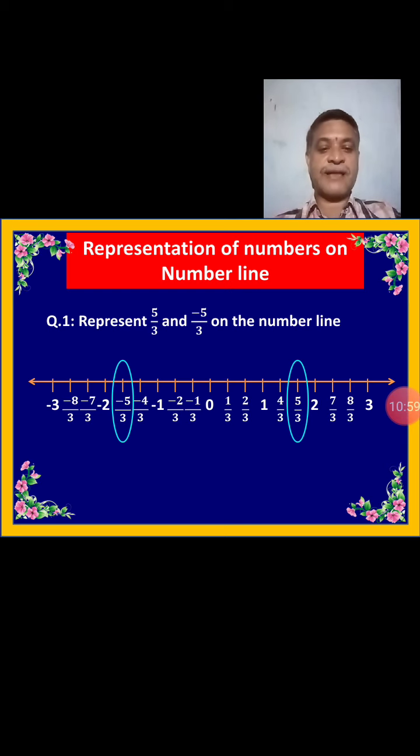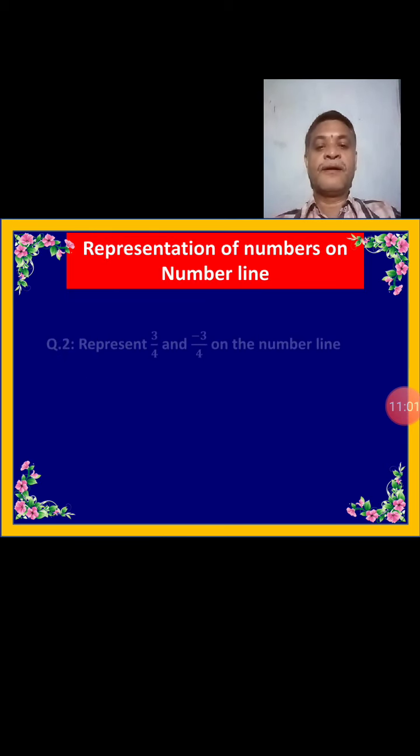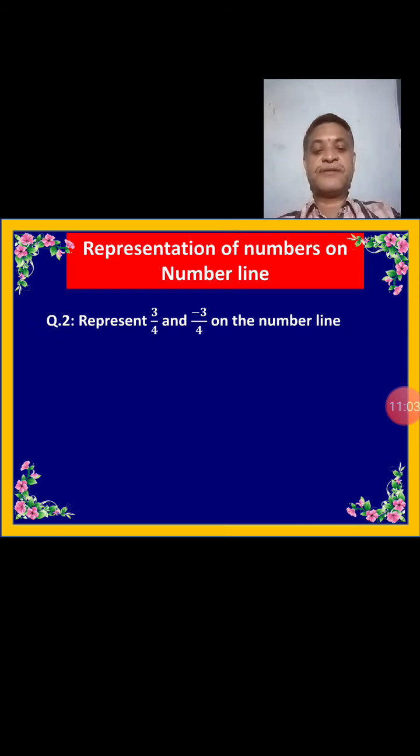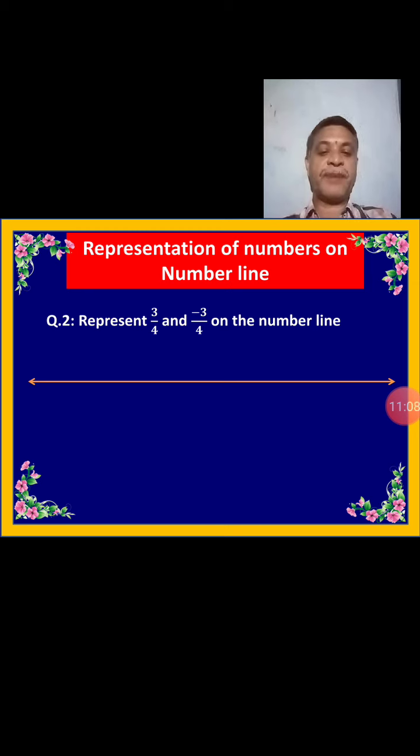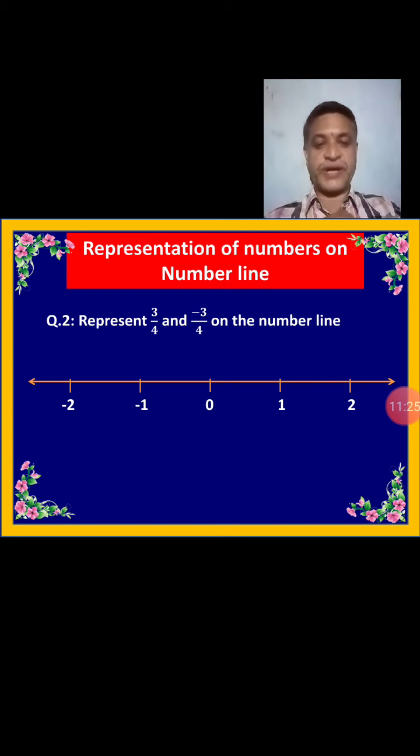Let us see one more example. Represent 3 by 4 and minus 3 by 4 on the number line. Again draw the number line, put 0 and 1, 2 and so on. We need only 2, that's enough. And minus 1 and minus 2 here, that's enough. Now, how many parts do we have to divide each unit into?